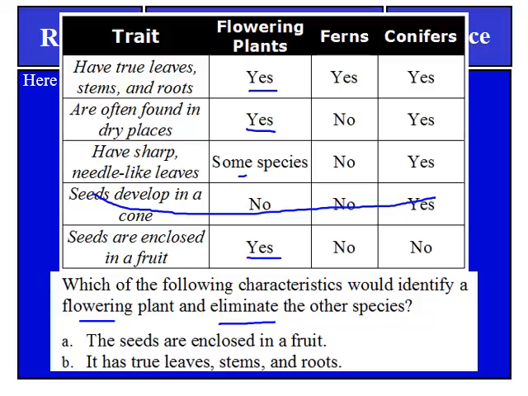Okay, and then this one does. So now we need to find a way that we can get rid of all the other ones. And so we have the seeds are enclosed in a fruit, and it has true leaves, stems, and roots. Okay, so which one of these would eliminate all the other ones?